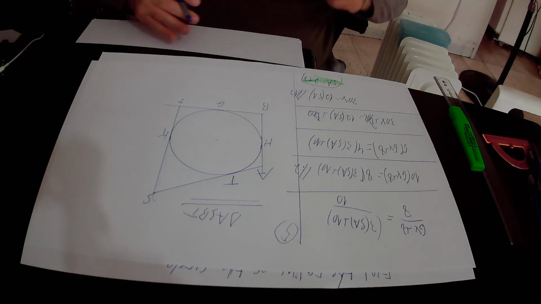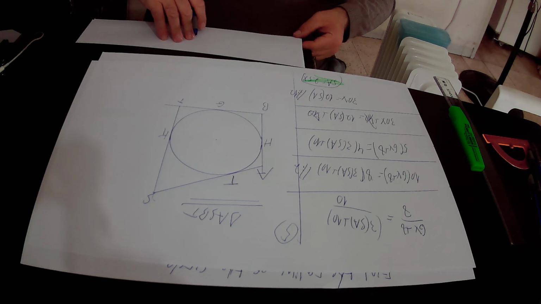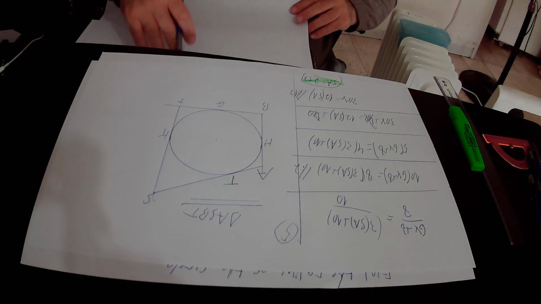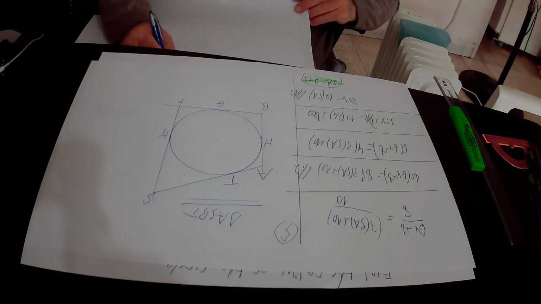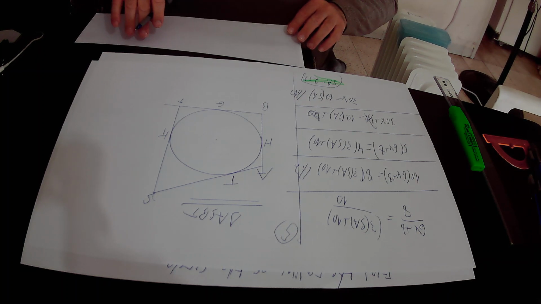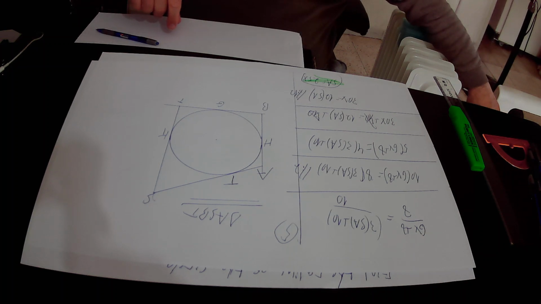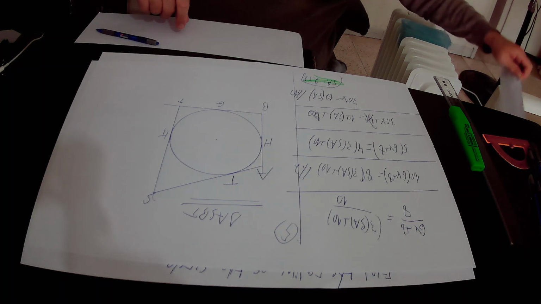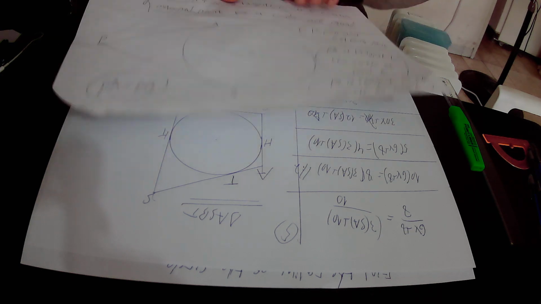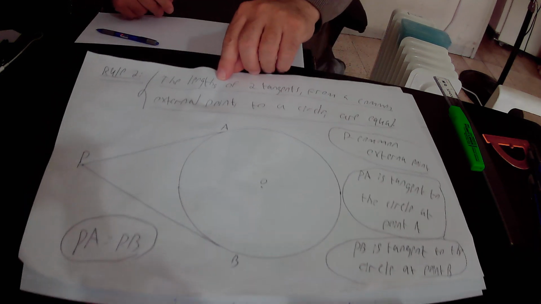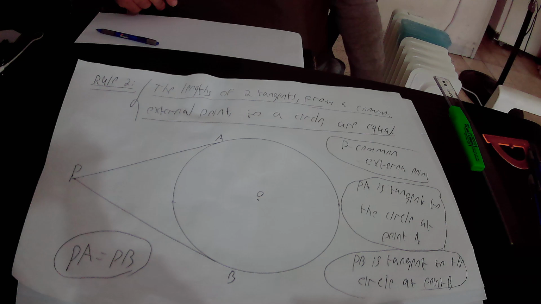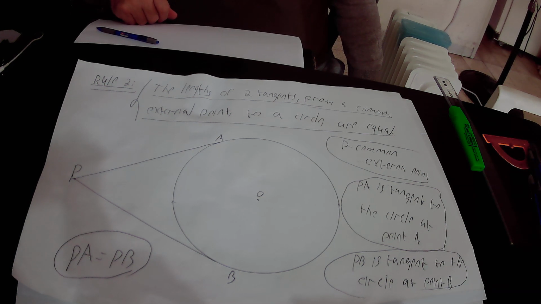Actually, in this drawing, we can implement rule 2. I'll remind you what rule 2 is. According to rule 2, the lengths of two tangents from a common standpoint to the circle are equal.